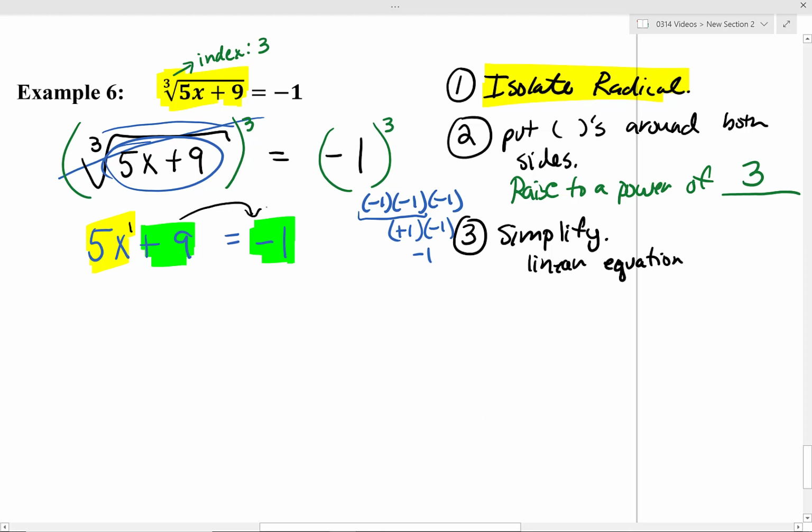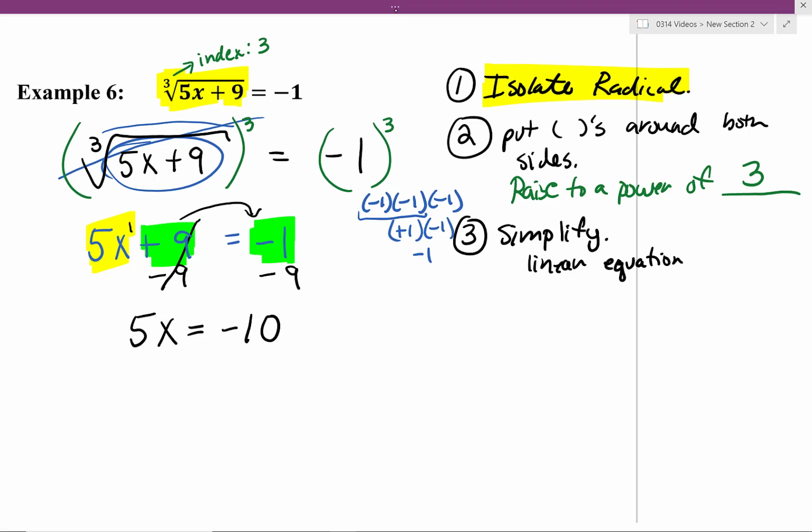And when I move things, we use our addition principle, so I'm going to do the opposite of adding 9, I'm going to subtract 9 on both sides. So those cancel out. On the left side, I'm left with just that x term by itself, the 5x. On the right side, I have negative 1 minus 9. Those are like terms, so I can combine them. If you need to use your calculator, then you can, but that should give you a negative 10.